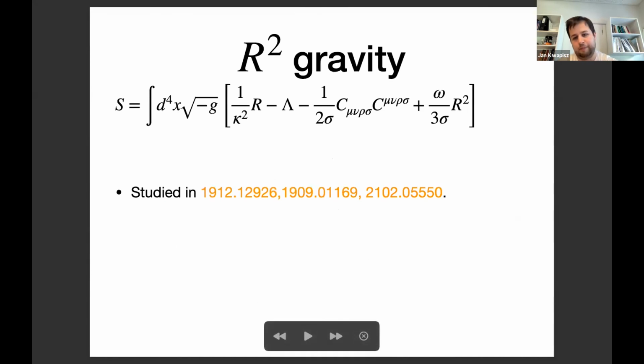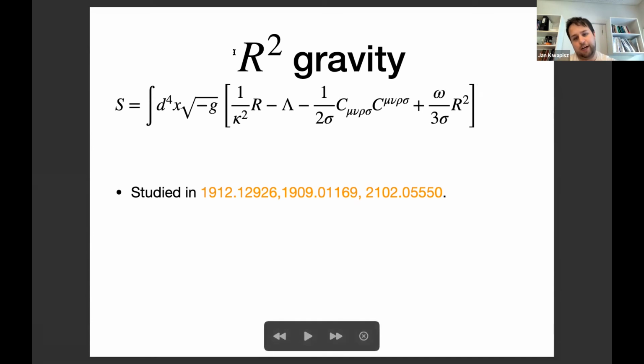Quite interesting is that when we add to the Einstein-Hilbert term higher curvature terms like R squared, we get interesting phenomenology for cosmological as well as black hole spacetimes.